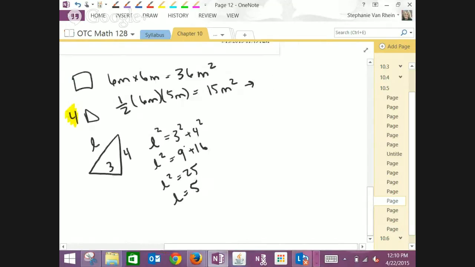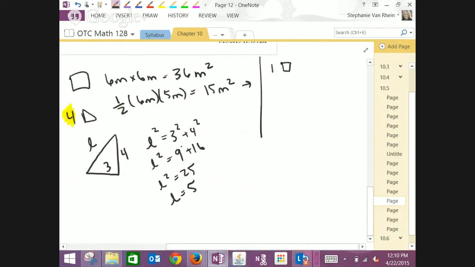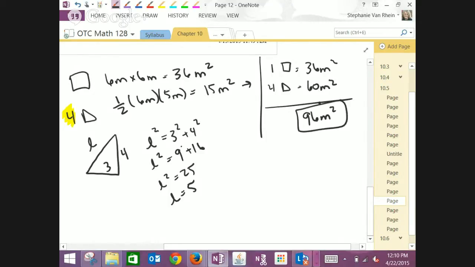So I have one base, 36 meters squared. I have 4 triangles, so that's going to end up being 60 meters squared. So that gives me 96 meters squared.